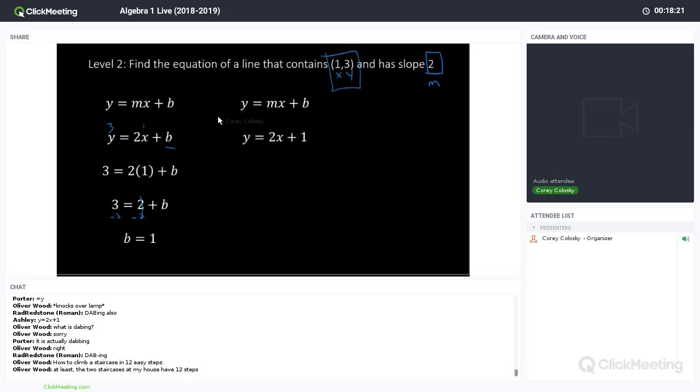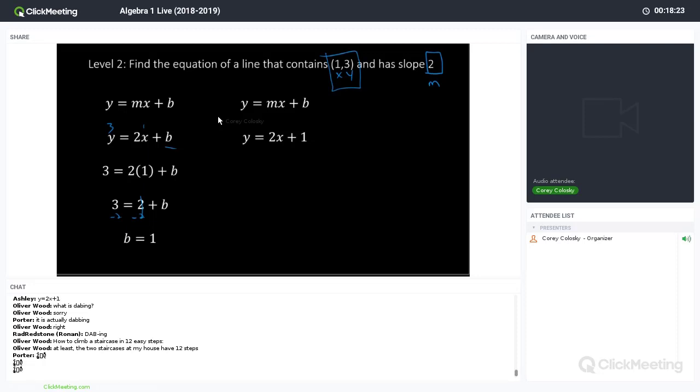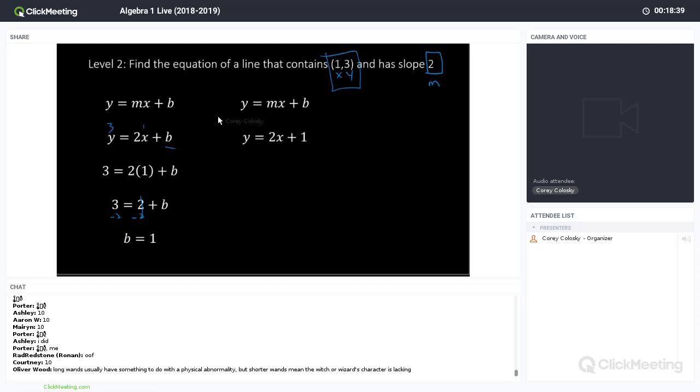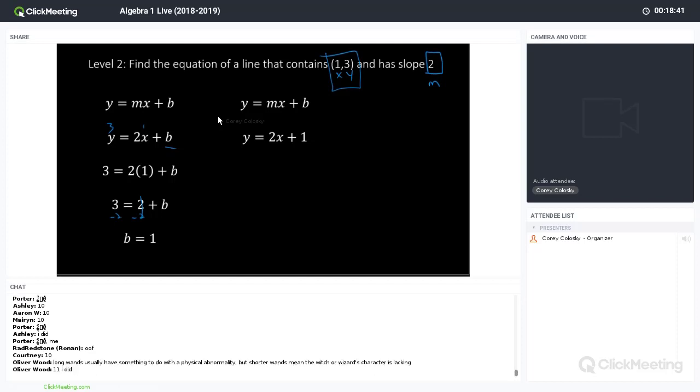All right, so let me ask my typical questions. 1 to 10, how we doing? Are there questions? And who got that correct? I think I saw a couple. I think Marin was one. Ashley is another. Porter got it. Awesome. A lot of 10s. That's great to see as well. Good job to Oliver.